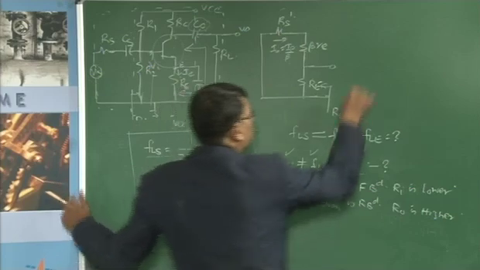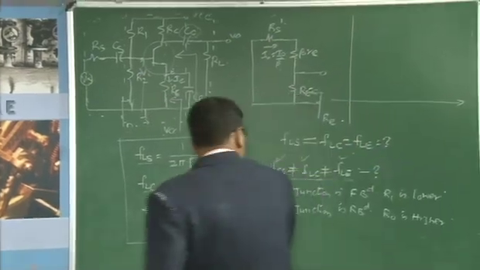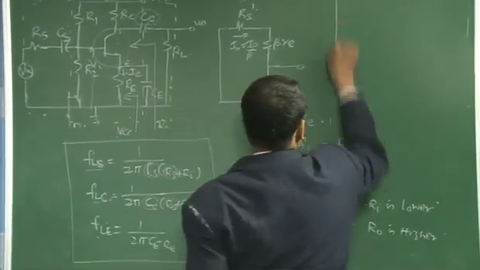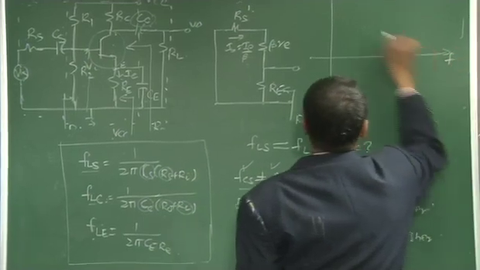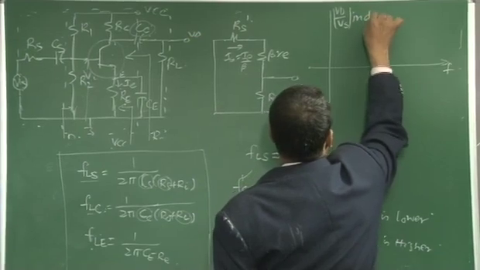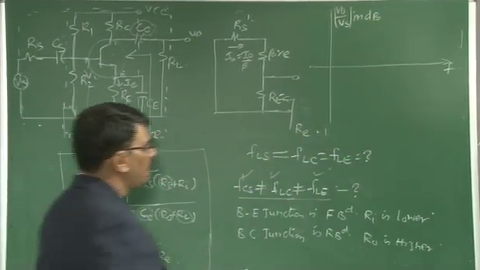If you plot the frequency response of the amplifier with gain in decibels, this is frequency, and this is V_o by V_s in dB. The frequency response is something like this.